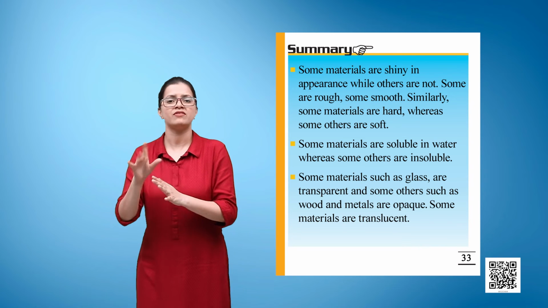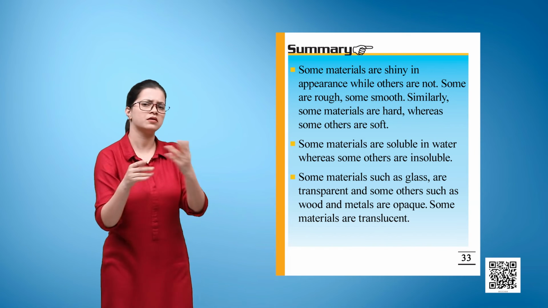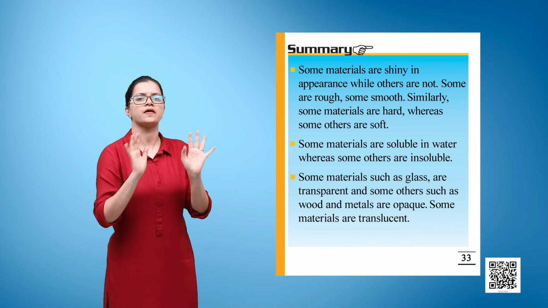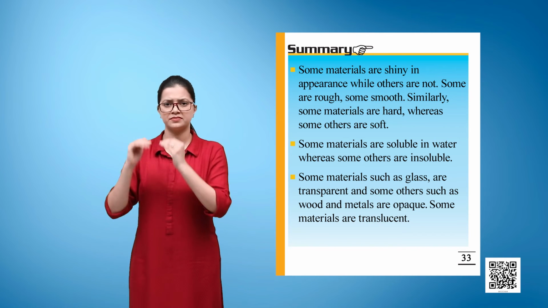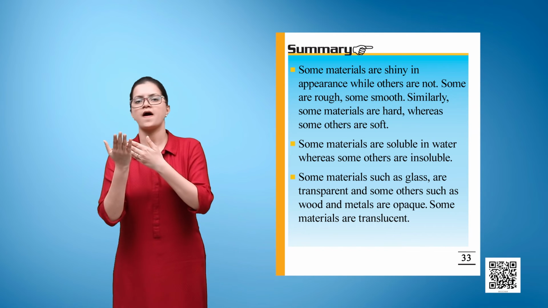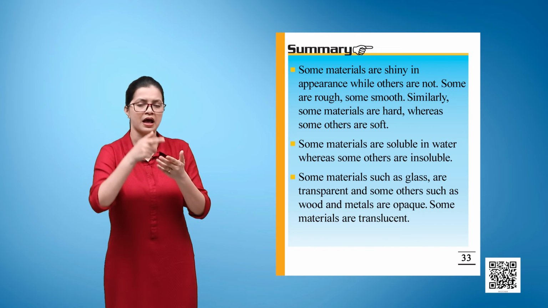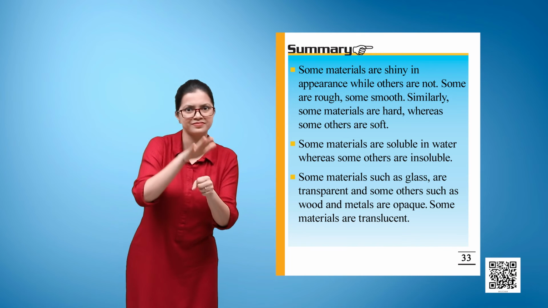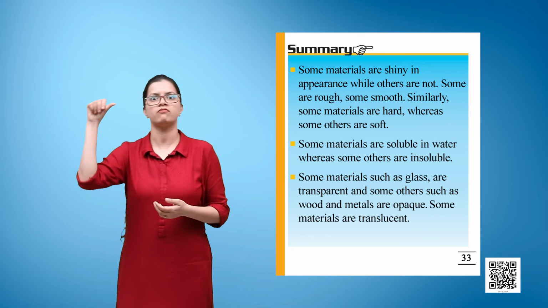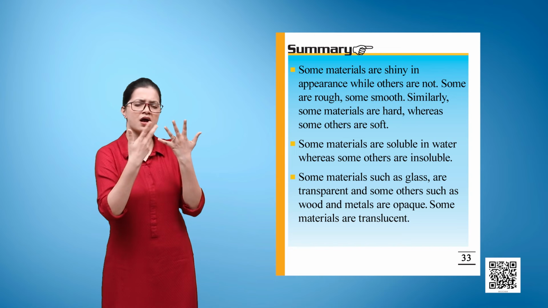Some materials are soluble in water, whereas some others are insoluble. Some materials such as glass are transparent and some others such as wood and metals are opaque. Some materials are translucent.